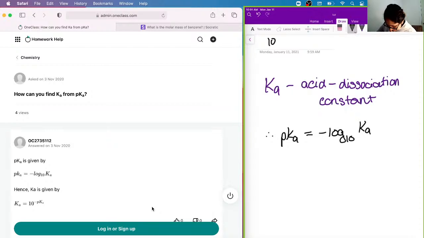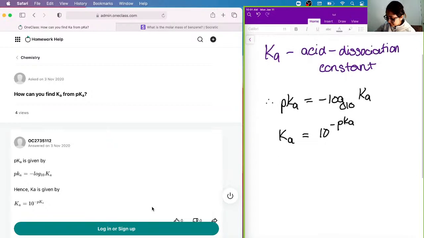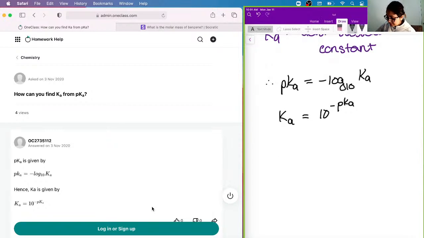To find Ka, you would basically take the inverse of this. So Ka is equal to 10 to the power of negative pKa. This would give you your Ka value, your acid dissociation constant. Okay, and so it's correct.